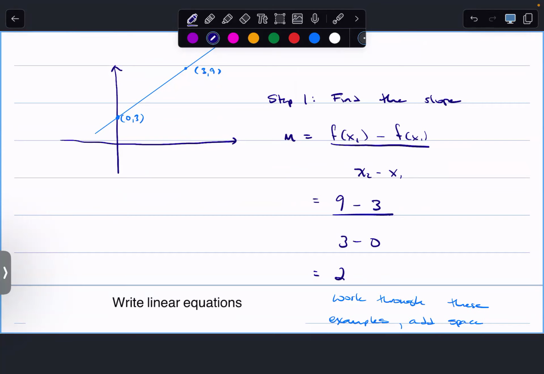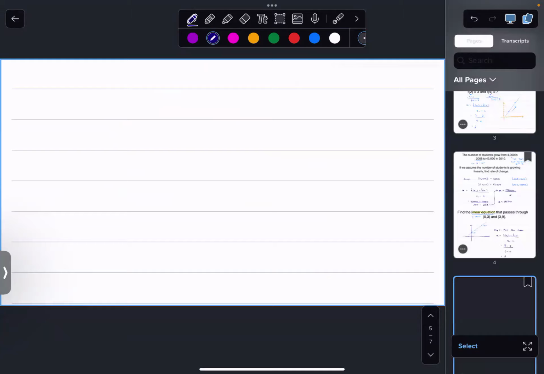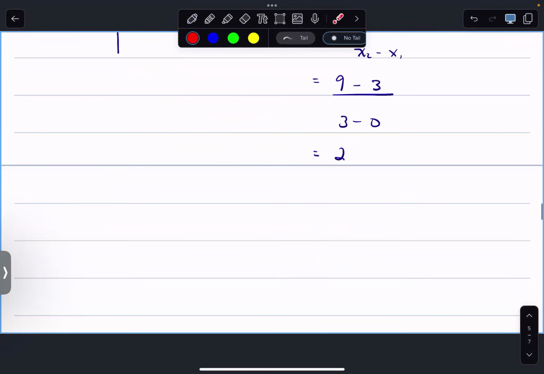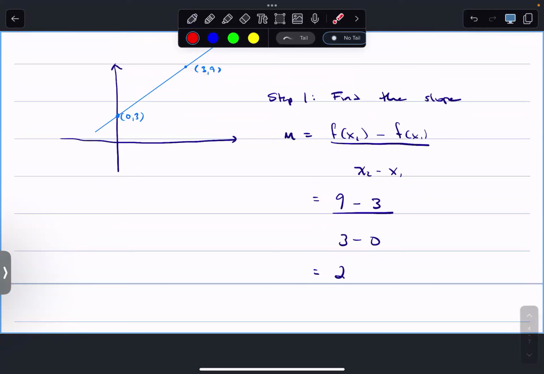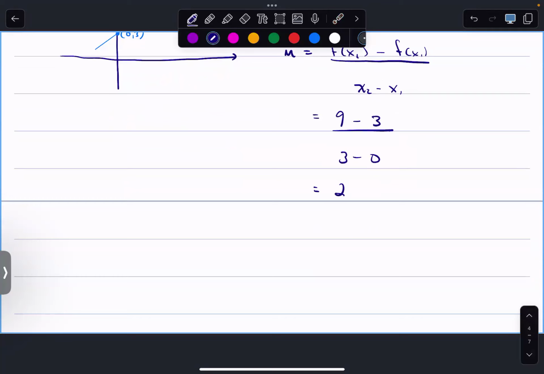I think I'm gonna need another page here. Won't need the full page, but remember that was just step 1. You want to make sure, does that make sense? Right here, I've gone a distance of 3 units and then I've gone up 6 units. Looks reasonable to me. It's positive. That checks out, right? And so now we have the slope.